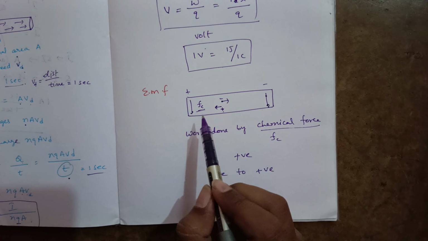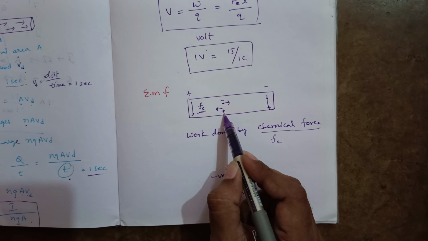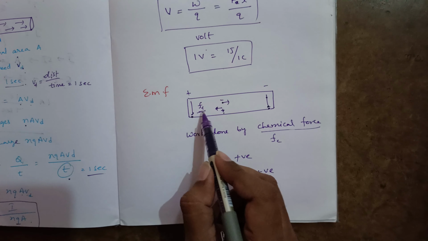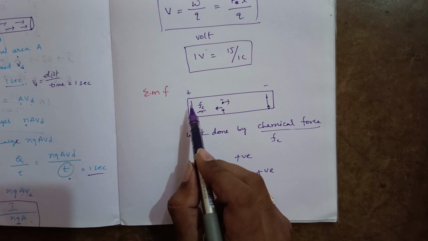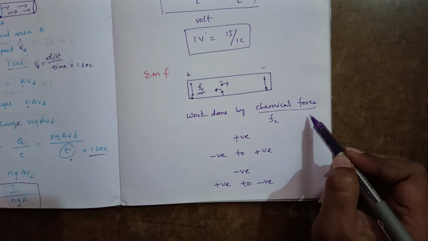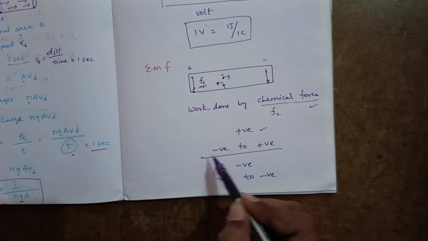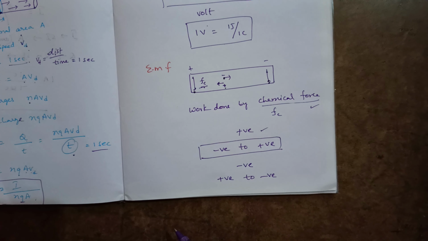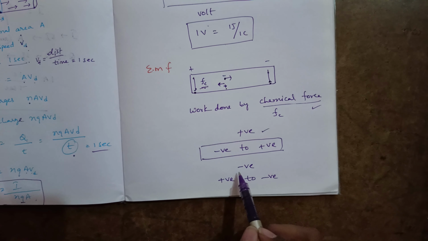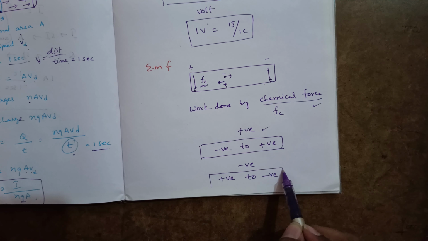This chemical force acts on the unit positive charge to move from the negative terminal to the positive terminal, and on the negative charge to move from the positive terminal to the negative terminal.